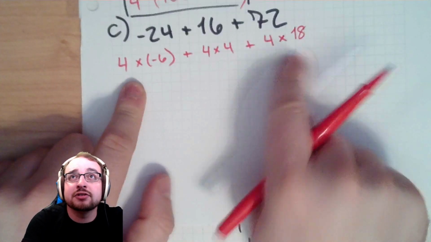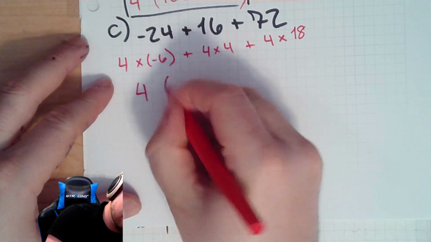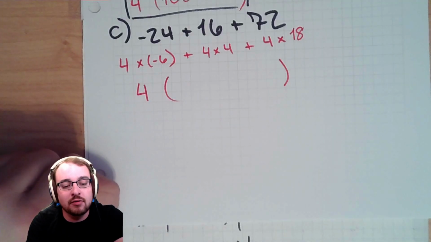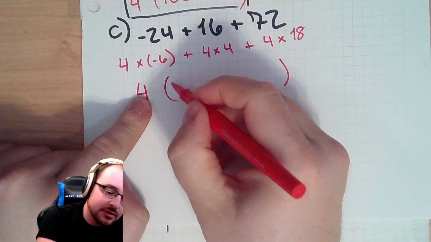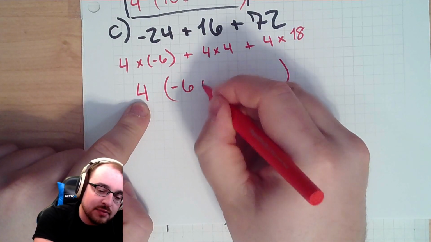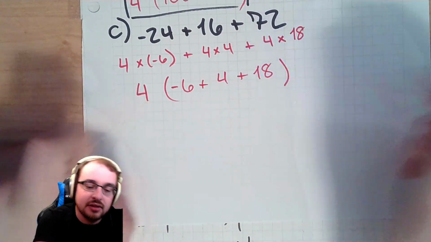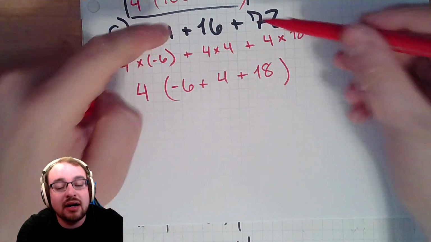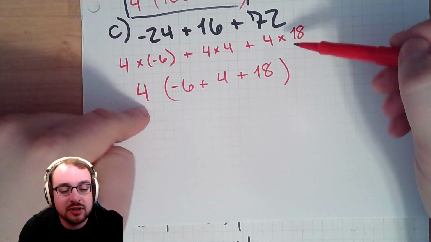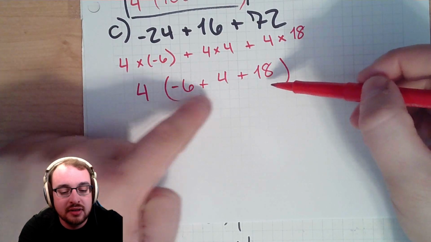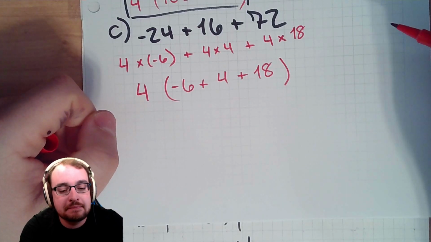So all 3 of these terms have a 4 in common. And what's left over would be 4 times negative 6, 4 times positive 4, and 4 times positive 18. So it looks like all of this is the same thing as 4 times, if I add all these together, 16. 4 times 16.